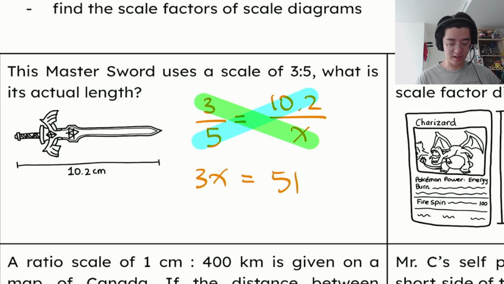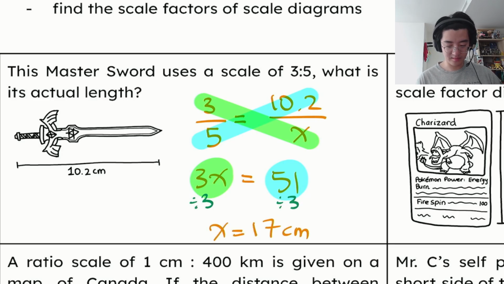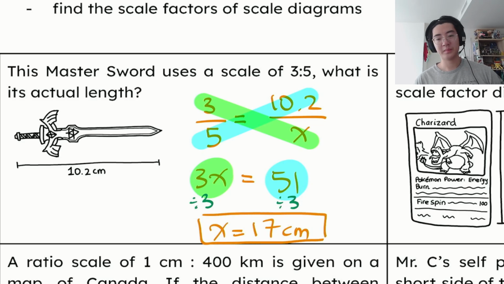This is called cross multiplication, and again, I like to think of it as little butterfly wings. Then to isolate x, we divide both sides by 3 to get 17 centimeters. Of course, that's not actually how long a Master Sword is, but this is how you'll do a problem like this.